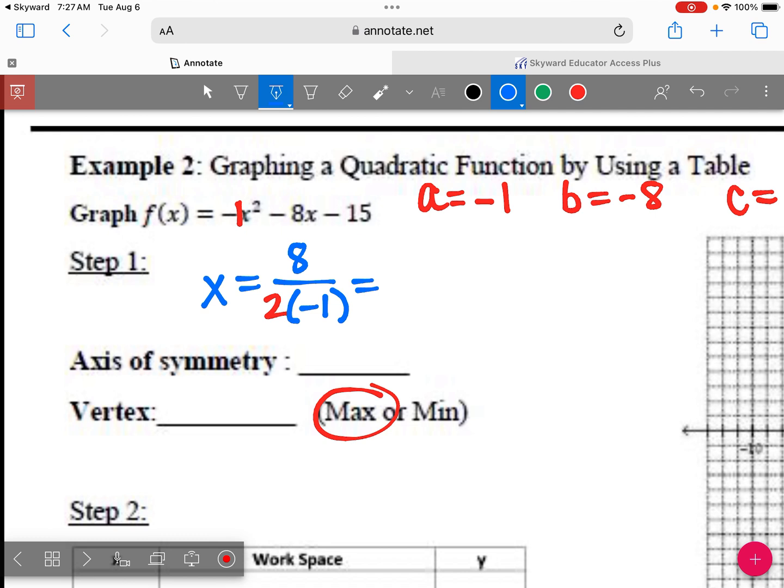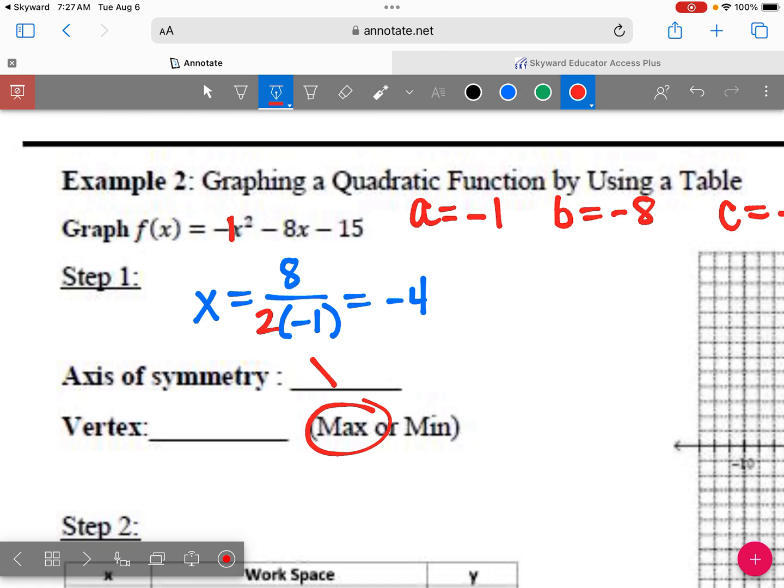Take 8 divided by 2 times -1, or 8 divided by -2. That should give you -4. So go ahead and write X equals -4 right here.